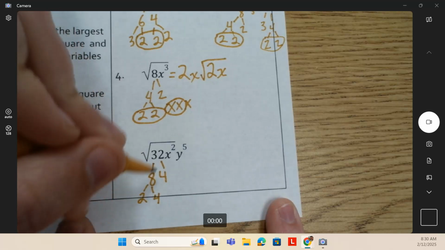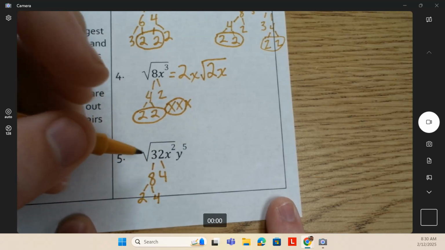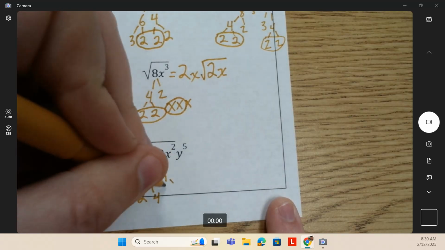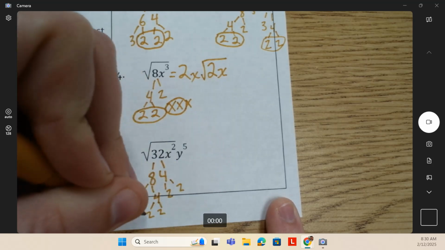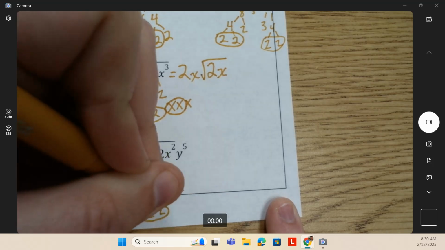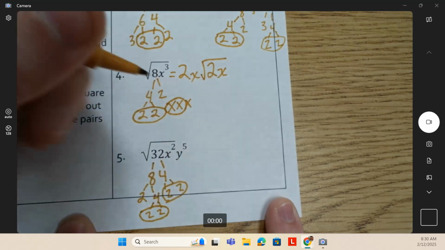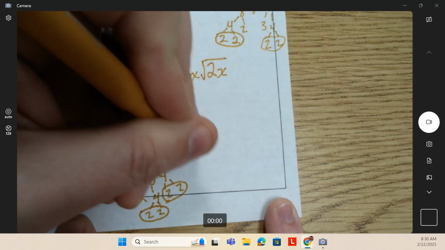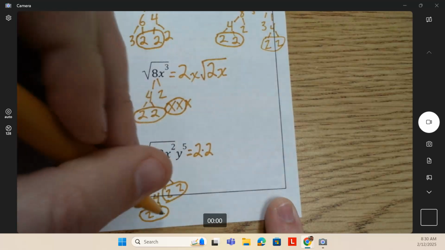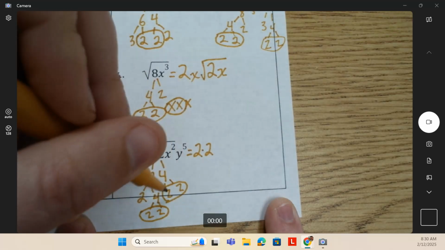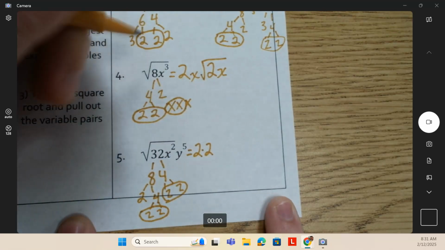So I could stop right there and get that as a 4 and 4. But let's say I've already split it up into 2 and 2, 2 and 2. That means I've got 2 pairs of 2s. And so it'd be a 2 times 2. And it moves to the outside because there's 1 2 from that group, 1 2 from that group.